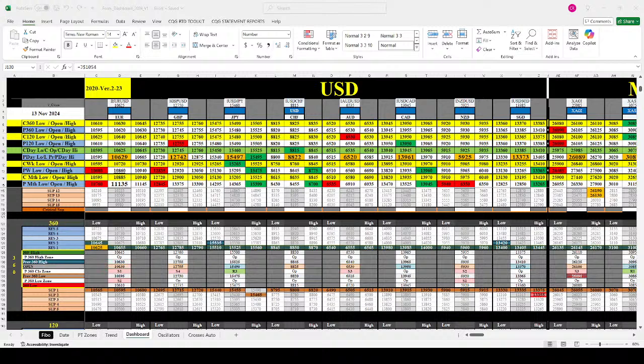Euro may move up, but it may be limited, because the trend is still down, and we have yet to see the base. The same note for pound: we should see the price moving up, but I think it should be limited to 128. In fact, we have given a sell at 128.20.